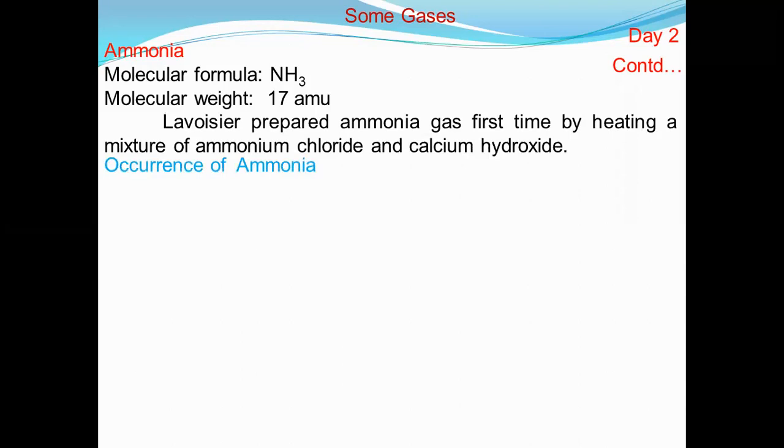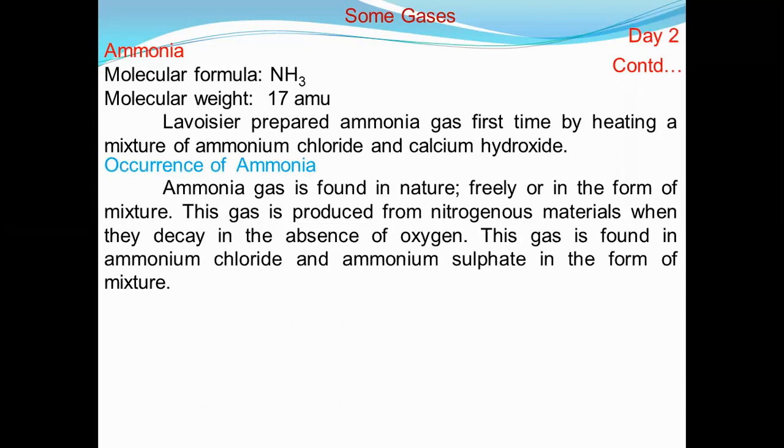So, occurrence of ammonia. How is ammonia found in nature? Ammonia gas is found in nature freely and also in the form of mixtures. Freely, it is the gas produced from nitrogenous materials like dead plants.